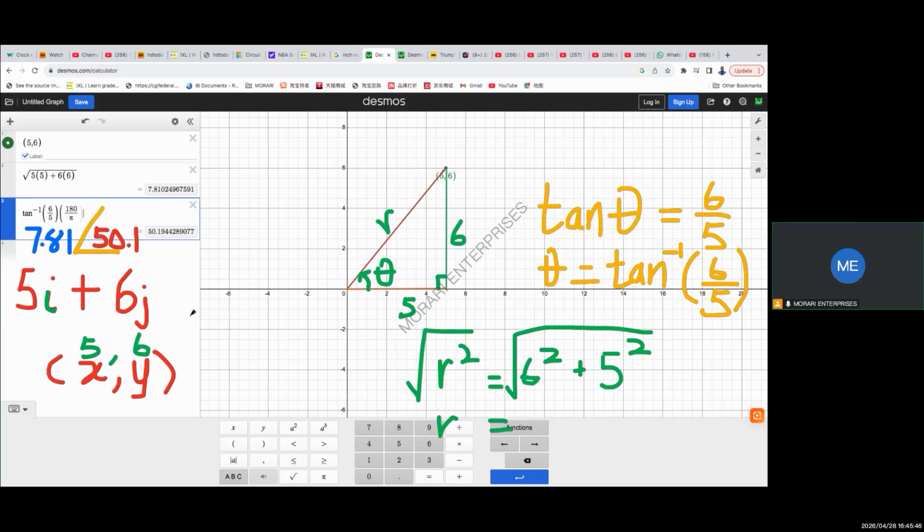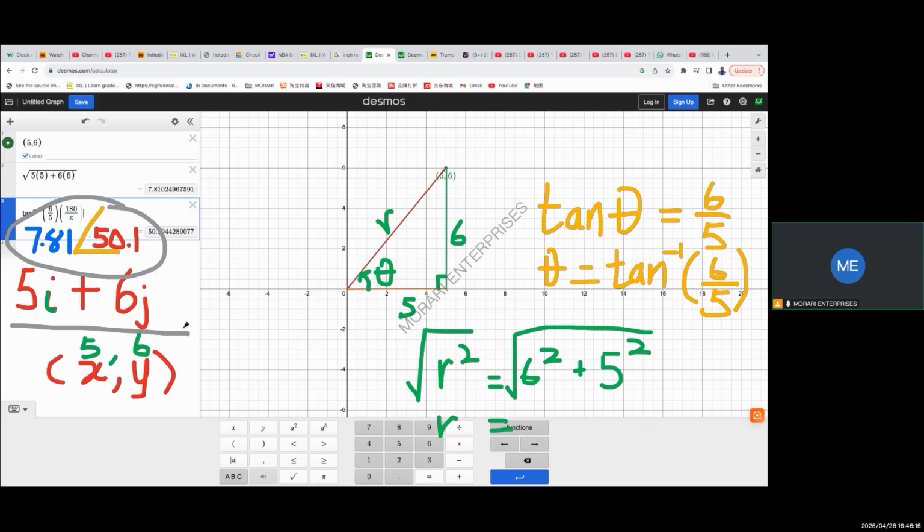You see, when they say a vector has both magnitude and direction, that's what they mean. But you see that instead of expressing it like this, magnitude and direction, you express it as 5 in the x direction and 6 in the y direction.